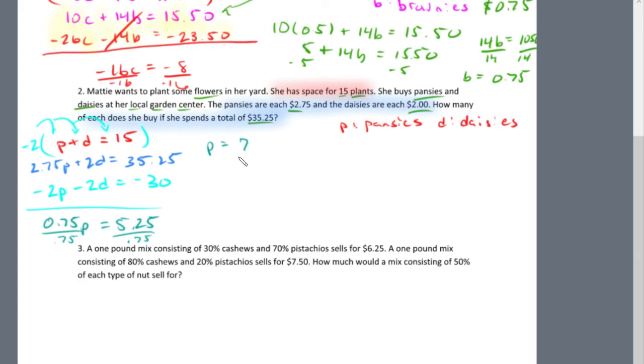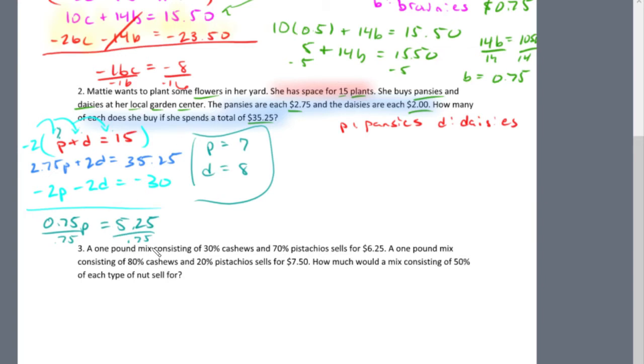Okay, now that I know that there are 7 pansies in the garden, and the pansies plus the daisies had to equal 15, you just plug in 7 right here. And 7 plus 8 is 15. So there are 8 daisies in the yard. So that's how many of each she wishes to buy. There you go.